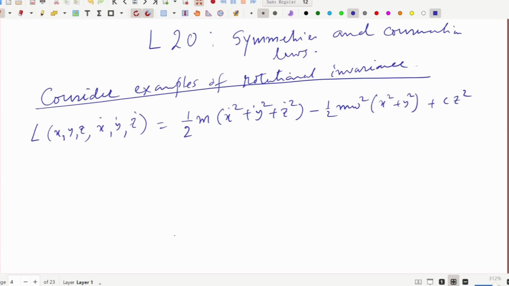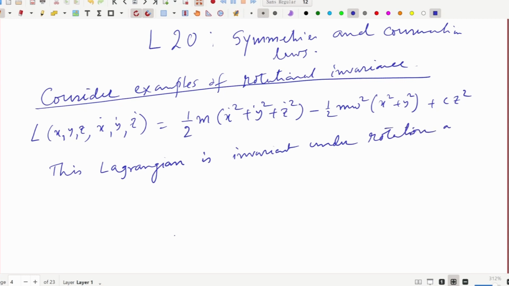Now, you can verify yourself that this Lagrangian is invariant under rotation about the z axis.